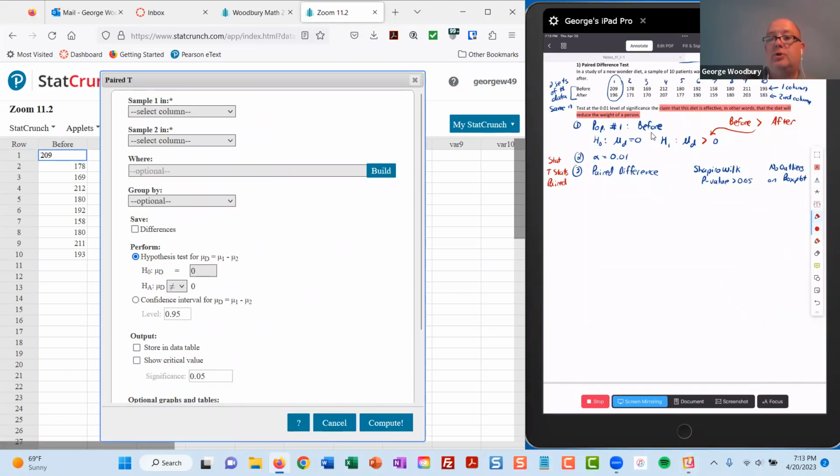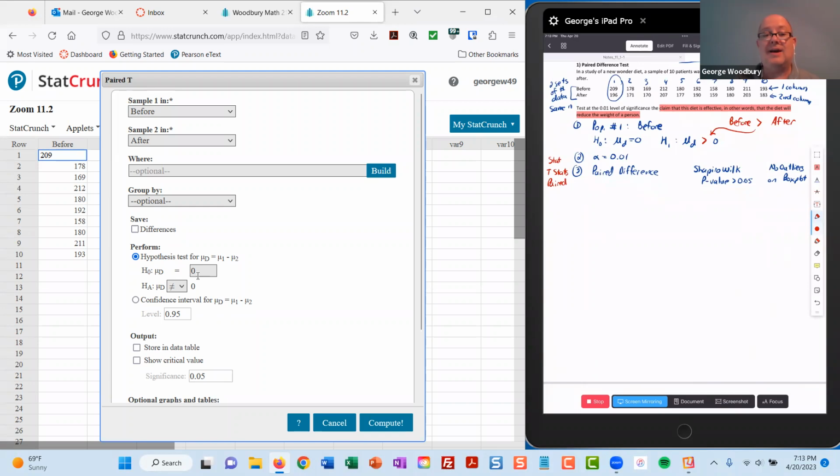Sample 1, I have to use before for that, so before. Sample 2 will be the other one, after. The difference we don't really need when we're doing any of these Canvas problems, but when you're doing your research project or any of the MyLab problems, you probably want to save the differences because you may be asked to do some calculations with them.